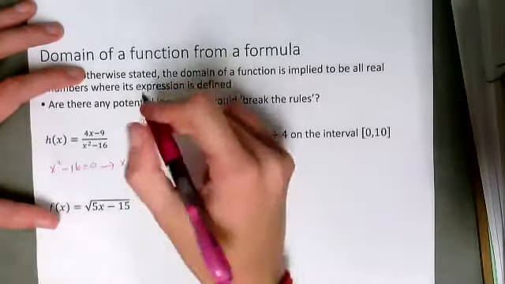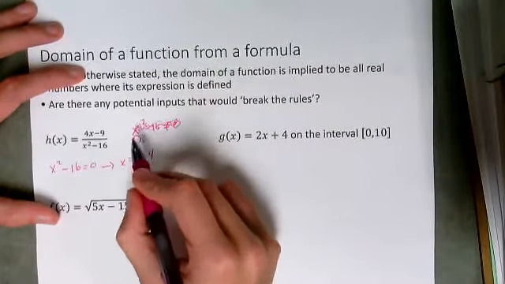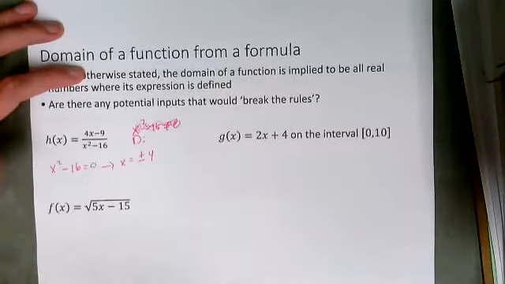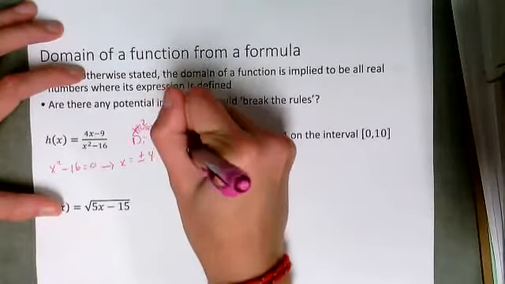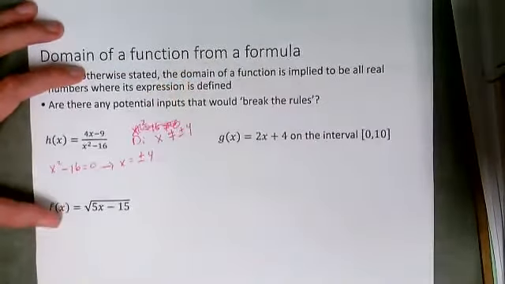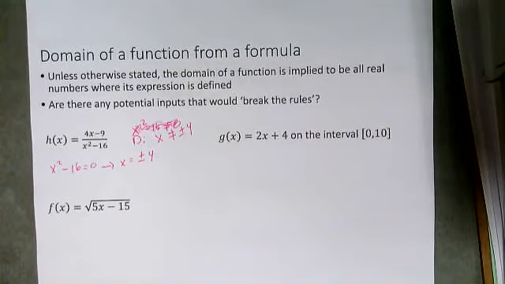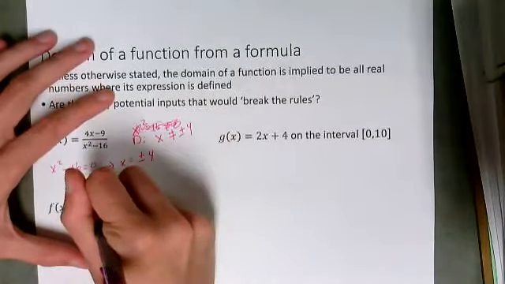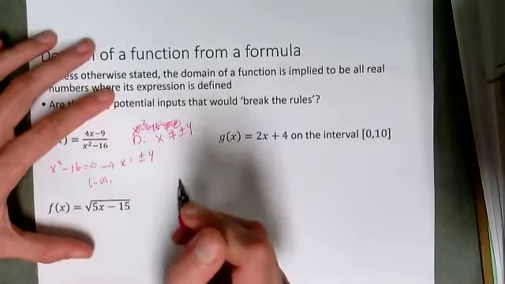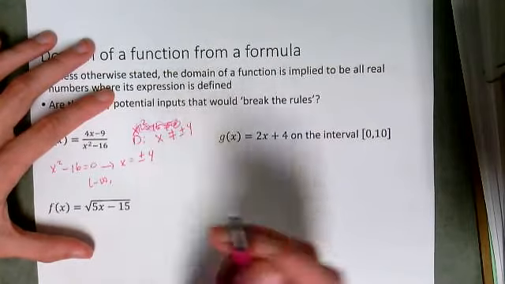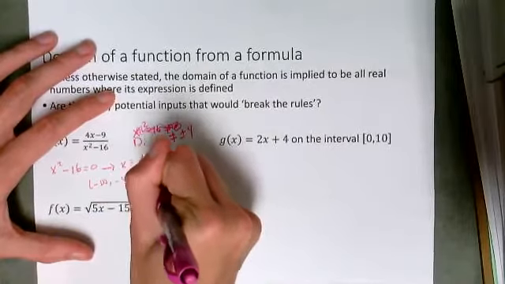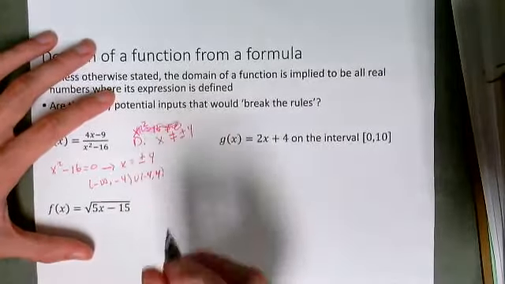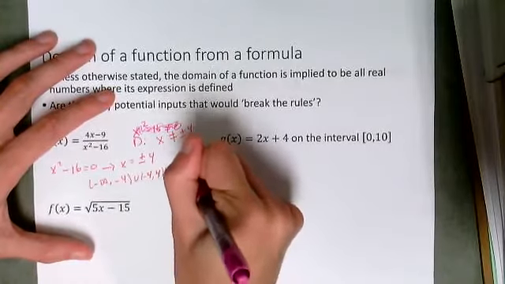So instead of saying our domain is all x such that x squared minus 16 can't equal 0, we can write it nicer and more succinctly as: your domain is all x such that x cannot equal plus or minus 4. If you want, you could write it in interval notation, and that would be long, but why not? Negative infinity up to -4, -4 to 4. These are 4s. It doesn't look like a 4, but they are 4s. Union 4 to infinity.